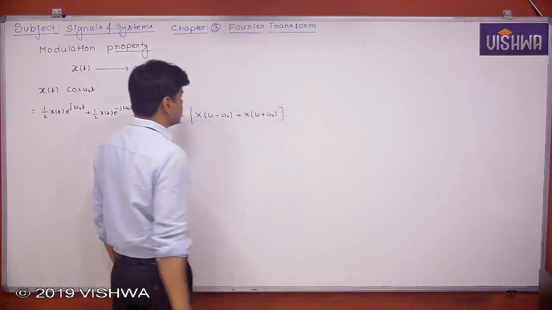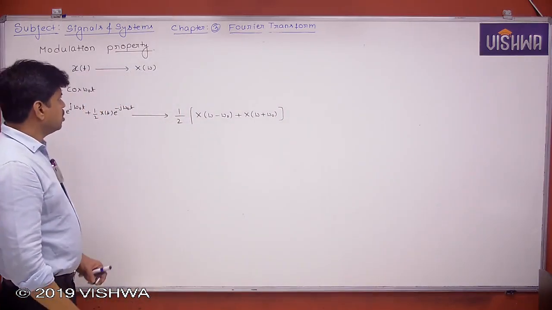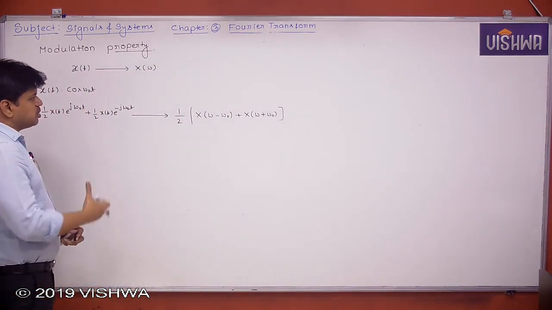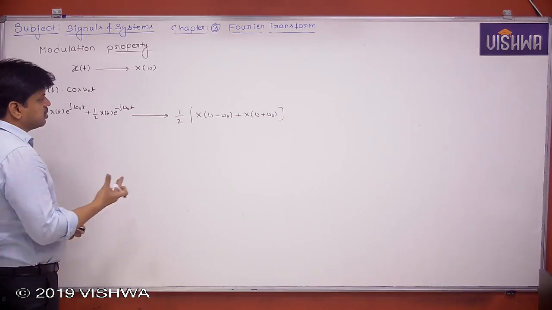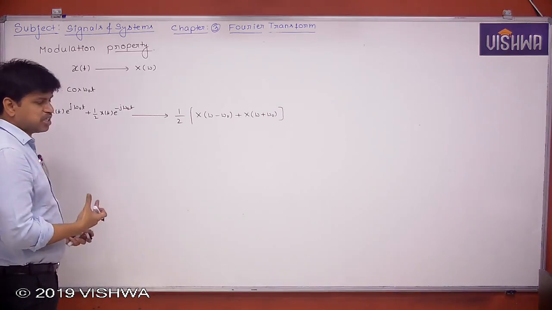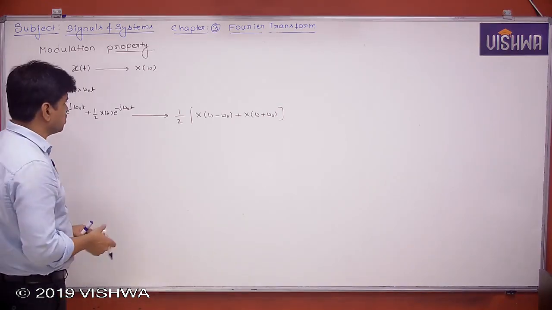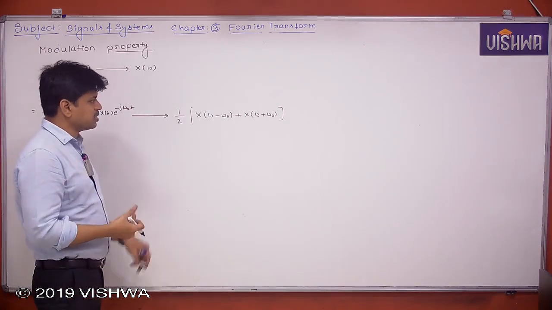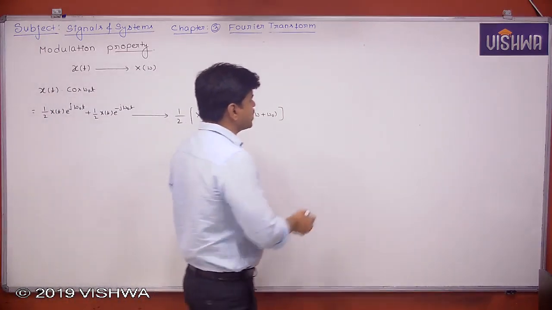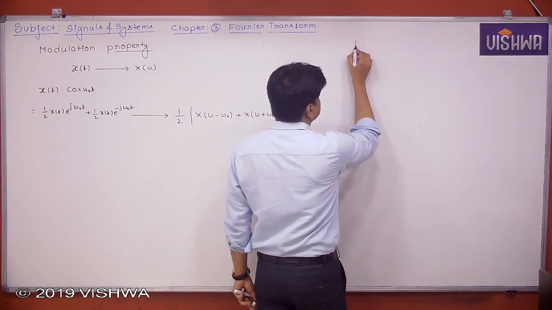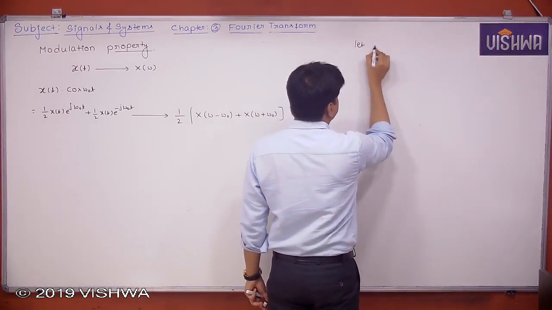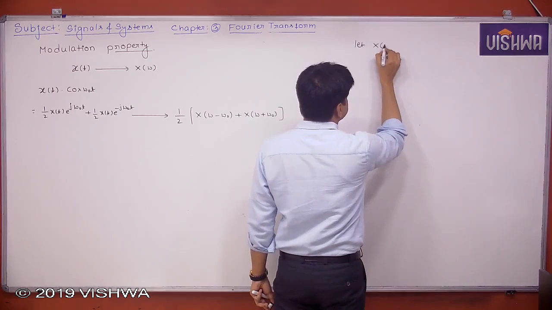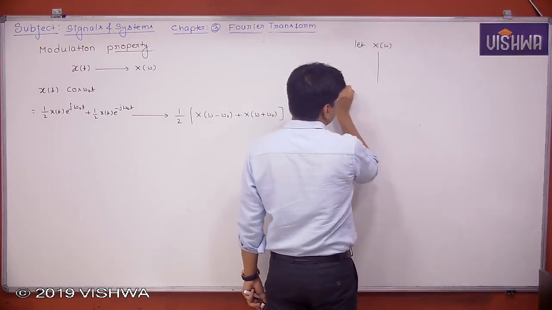This is the Fourier transform for it. You may not identify anything here, but if I go for the spectrum, the pictorial representation, there you can understand what exactly is happening. So let x of t have x of omega, which is like this.